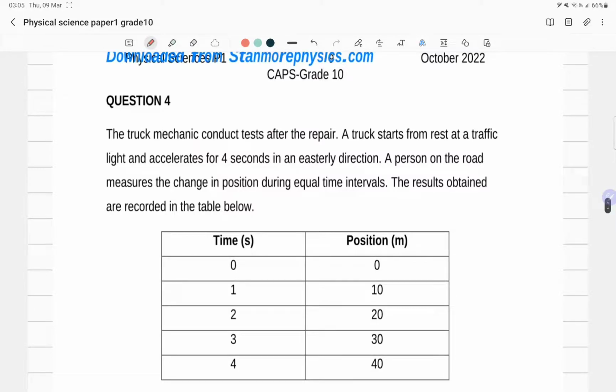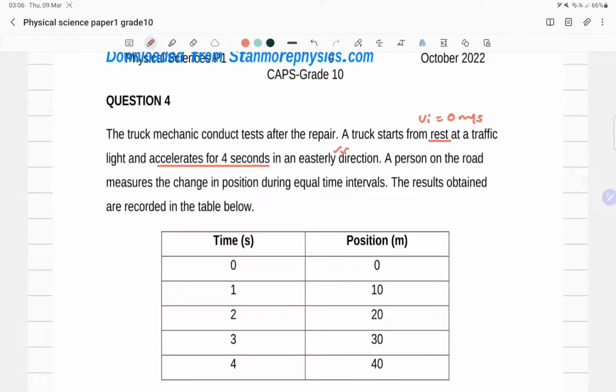A truck mechanic conducts tests after the repair. Now a truck starts from rest at a traffic light. If something is starting from rest, what does that mean? The initial velocity is 0 meters per second, or the initial speed, and it accelerates for 4 seconds in an easterly direction.